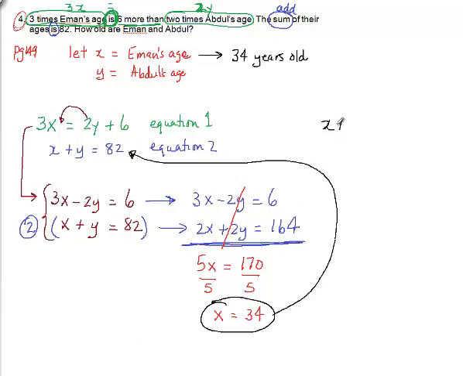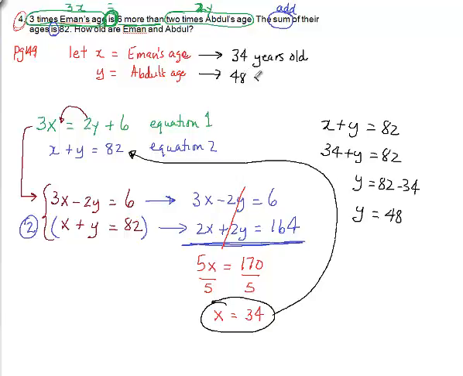So x plus y equals 82. So 34 plus y should equal 82. That means y is equal to 82 subtract 34. Y is equal to, what does that turn out to be? 48. Okay, so Abdul's age is 48 years old.